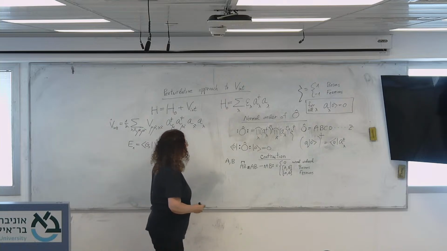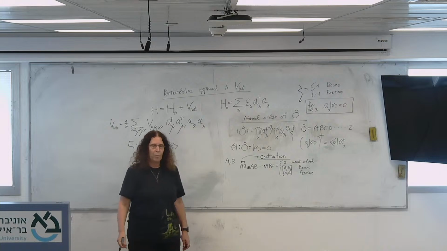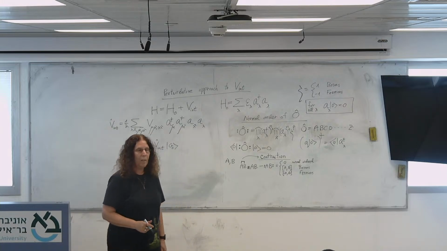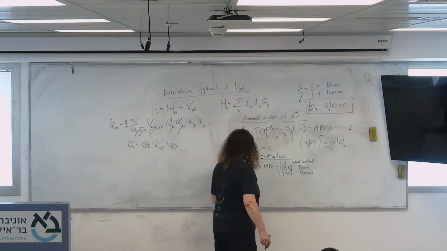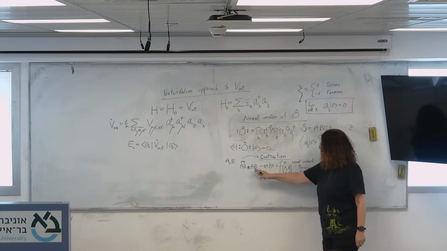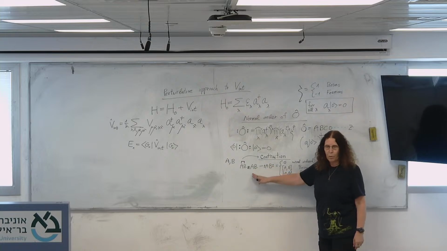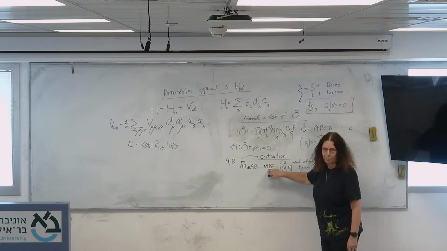And this denotes a contraction. It's named a contraction of A and B, and it actually turns it into a number, okay? And that's again the difference between the actual product operator and its normal order.